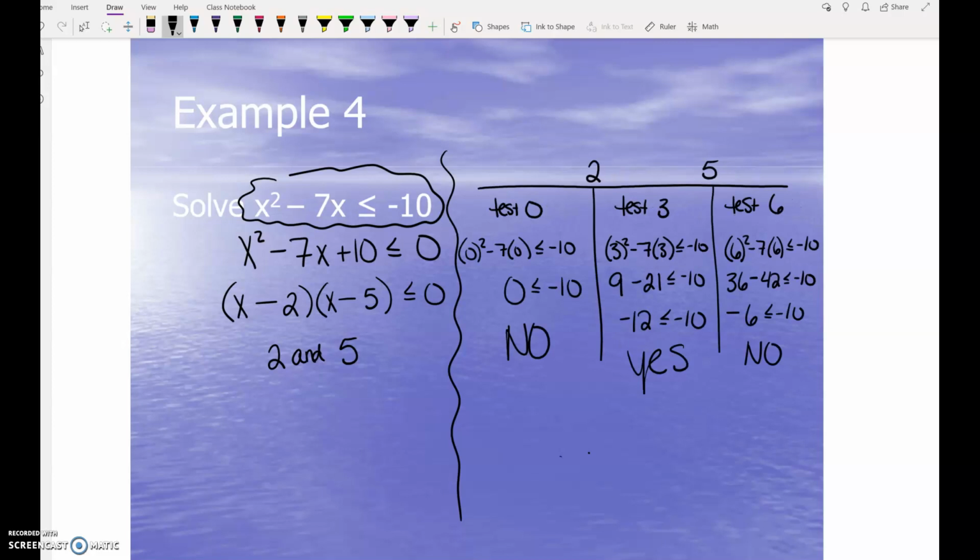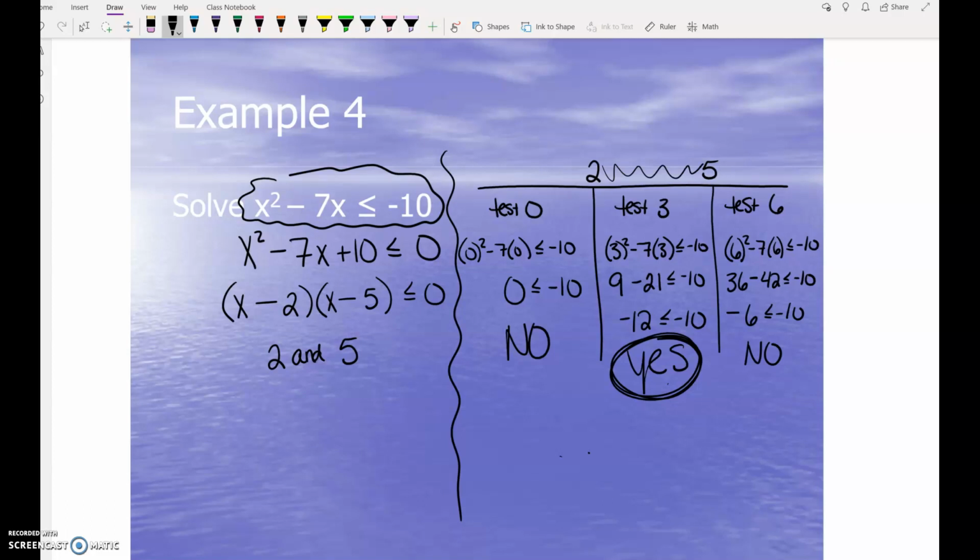Okay, so I tested my three numbers in the three different ranges, and I found that numbers smaller than 2 don't work, numbers between 2 and 5 work, numbers bigger than 5 don't work. So this is the range. We want these numbers that are in between 2 and 5.